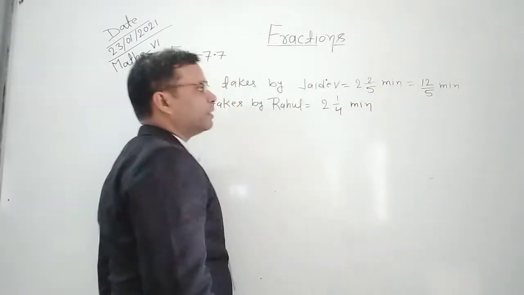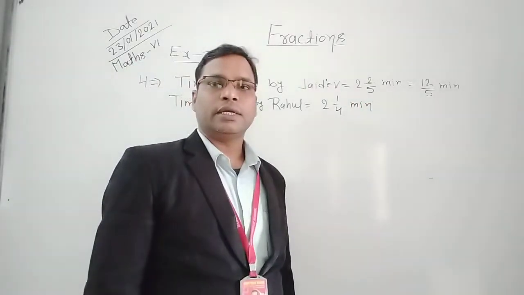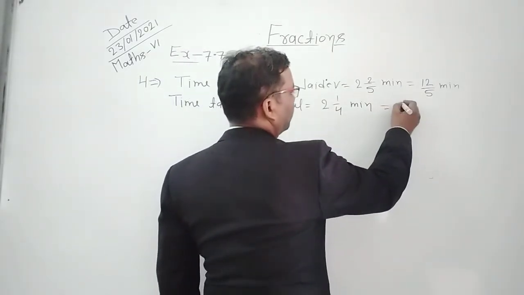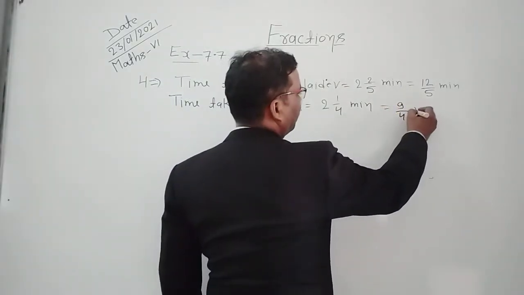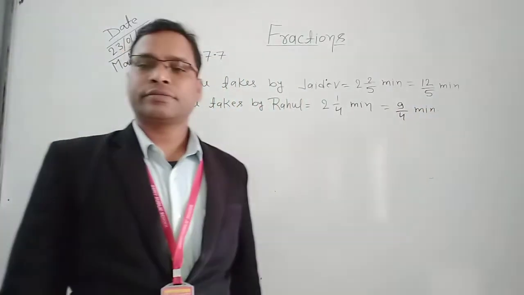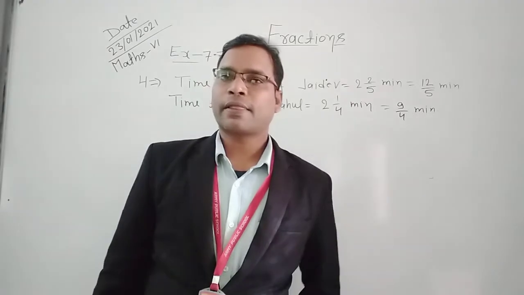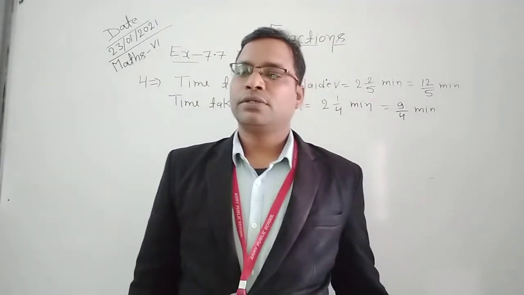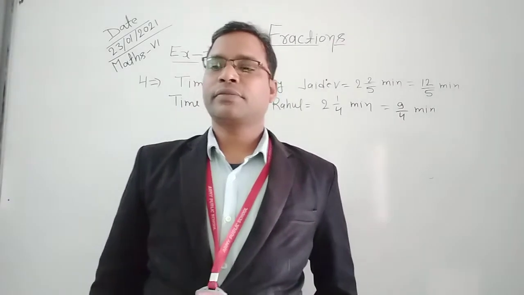If you convert it into an improper fraction, then you get 9 by 4 minutes. This is clear. So here, we compare both fractions, 12 by 5 and 9 by 4.